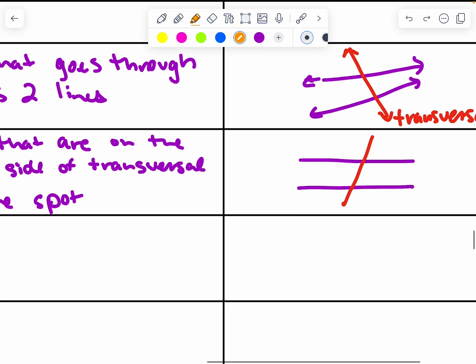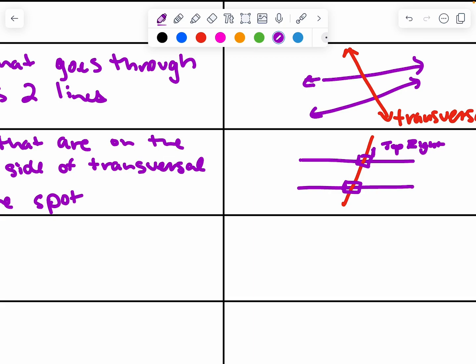So what I'm referring to, and I'm going to give you my situation here. This angle here is in the top right corner, and that's based off of that little square. Now, on the second line, I have another little square.